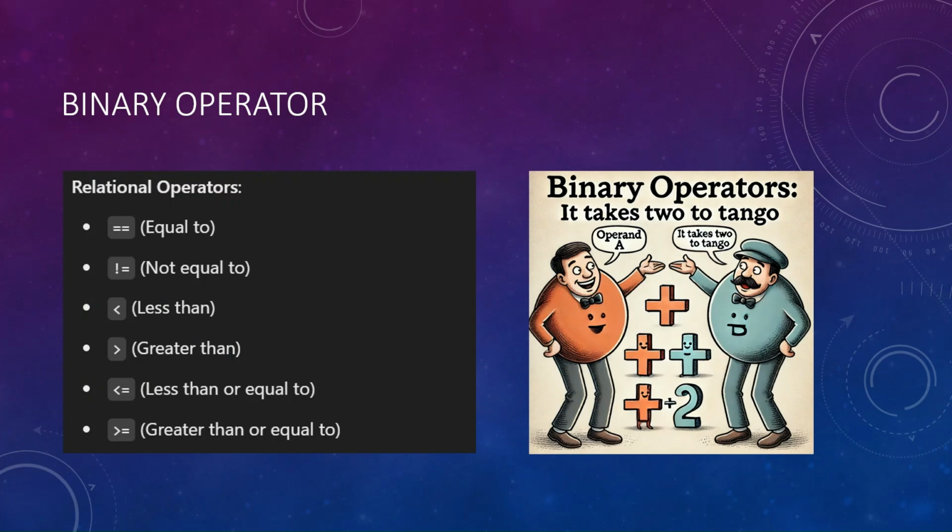So equals to checks if A is equal to B, and not equals to checks if A is not equal to B. Less than checks if A is less than B. Less than or equals to checks if A is less than or equal to B. Greater than checks if A is greater than B. Greater than or equals to checks if A is greater than or equal to B. Relational operators are widely used, mostly in situations with if statements and loops, to control the flow of your program based on a condition.